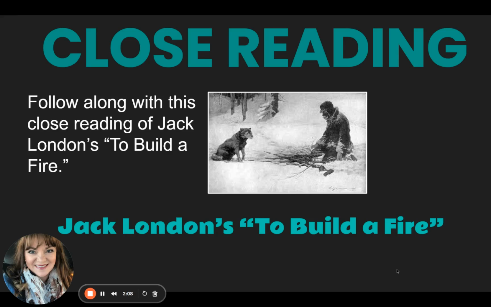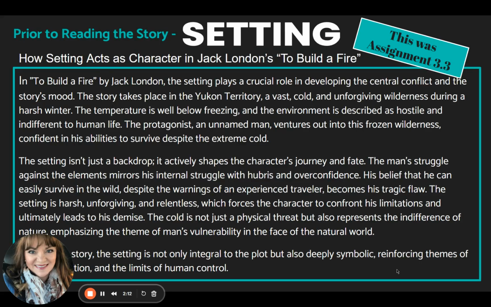So, all right, here we go. I'm going to try clicking. Let's see what happens. This was assignment 3.3, where you read this slide that I gave you about the setting, and it just talks about the Yukon Territory. Hopefully you looked up where the Yukon Territory is. It's really kind of interesting to know where that is.